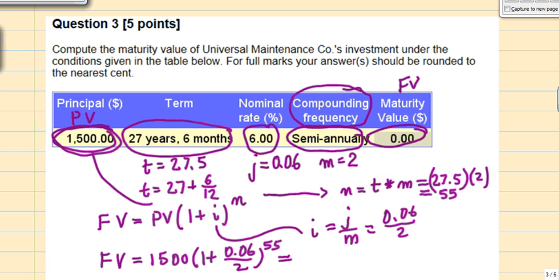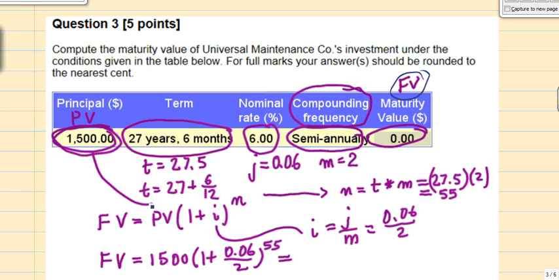Question 3, compute the maturity value. In other words, we're looking for the future value. What is given to us is a present value of 1500. The term is 27.6 months, which is 27.5 years. The nominal rate J is equal to 6%, or 0.06, compounded semi-annually, so M is 2. The future value is unknown.